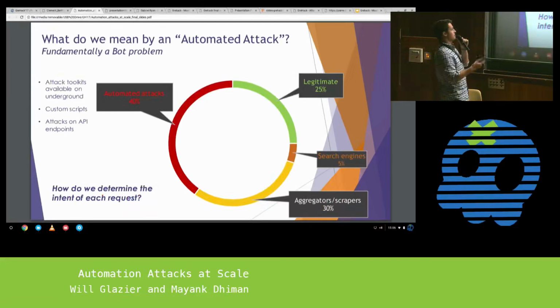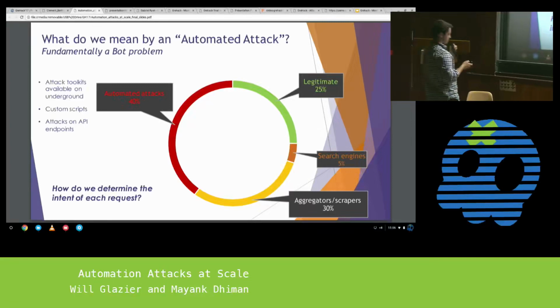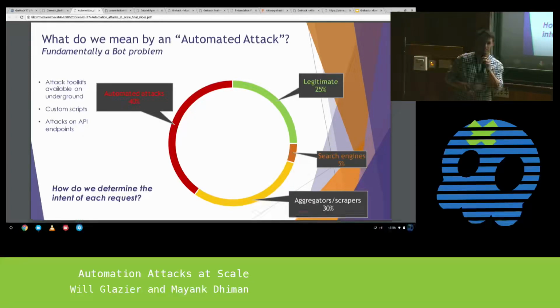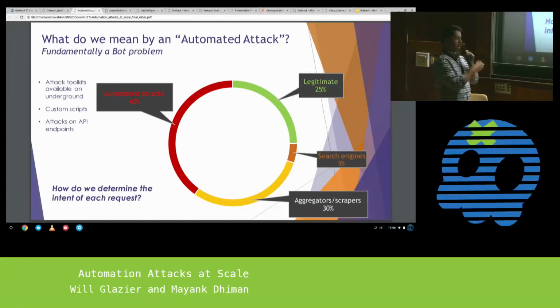So what do I mean by an automated attack at scale? What is that? Well, it's fundamentally a bot problem. And what this circle here is meant to represent is attack traffic that makes it through all your perimeter defenses on your site, your firewall, your WAF, all that stuff. And what we see in that traffic is that actually a significant percent of it is automated attacks.